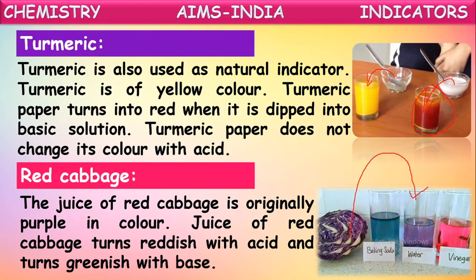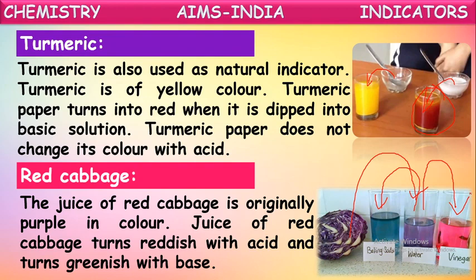If this red cabbage juice is added to a base, it gives a greenish colored solution. If you add the same red cabbage solution to an acid, it turns into a reddish colored solution. In this way, red cabbage shows different colors with acids and bases, and hence those substances can be detected or identified.